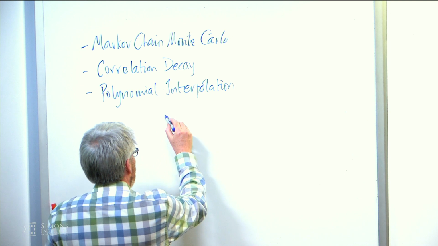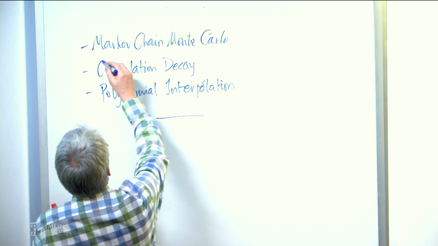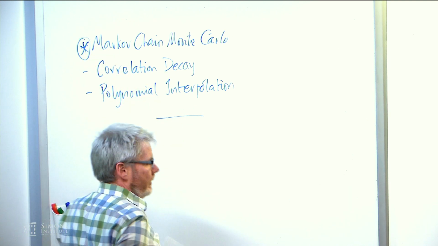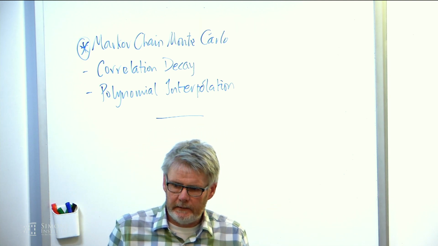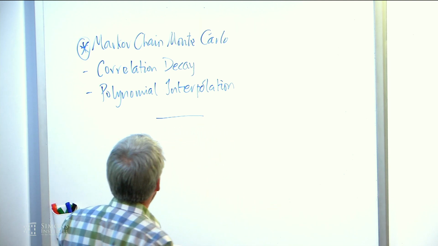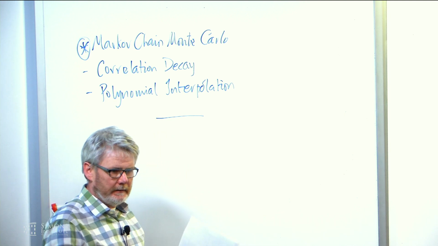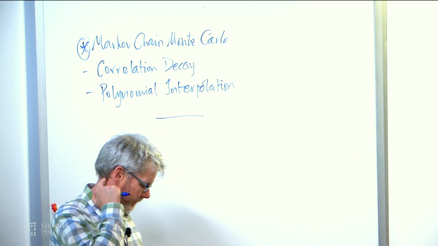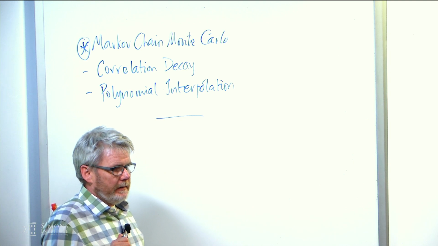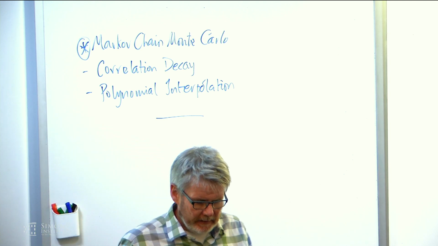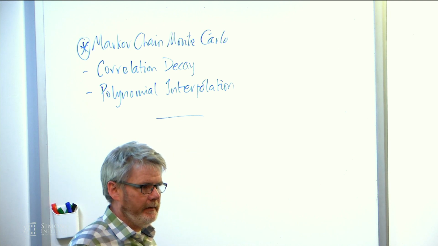So first of all, let's start with Markov chain Monte Carlo. And I'm not going to say a lot about this because, in some sense, this has been around for a long time, and it's a topic in its own right, and it's got less to do directly with the topic of this semester. But I want to make some observations about it because, for many spin systems, it's still the method to beat.